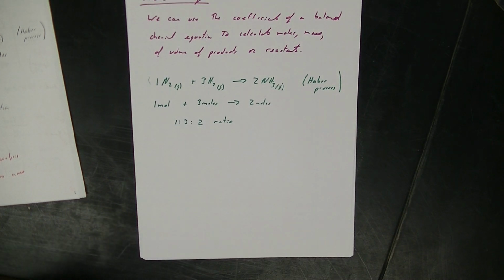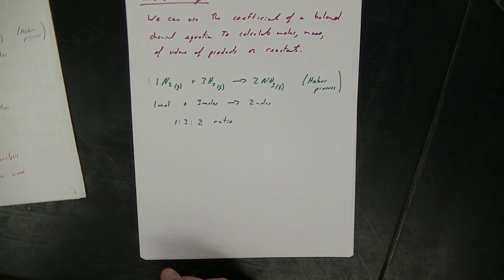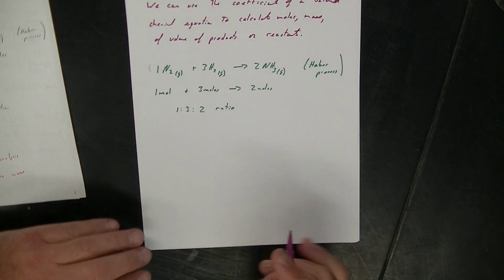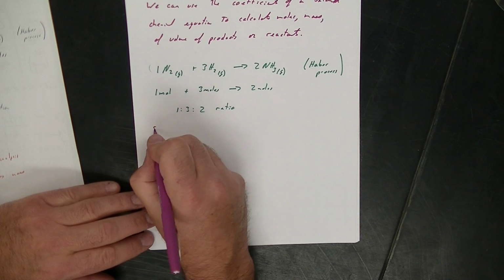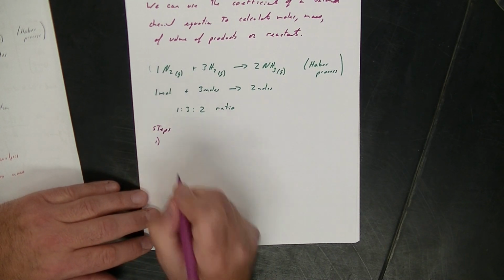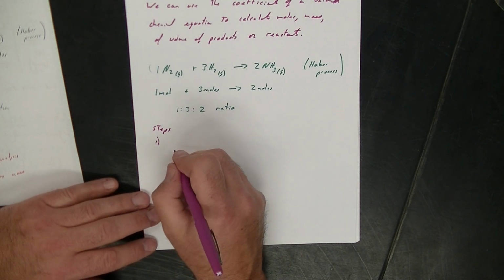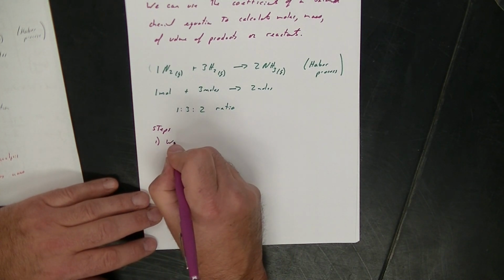Now, there are 2 different ways that you can do this, and I'm going to show you both. First thing you're always going to do is write the balanced chemical equation.